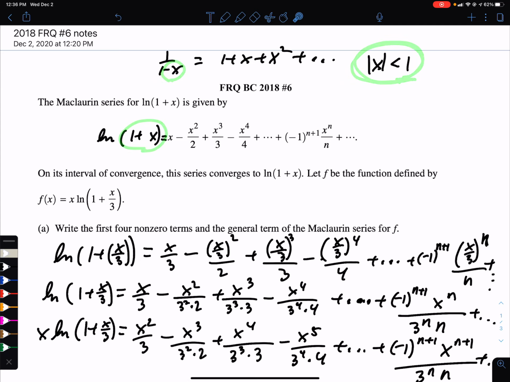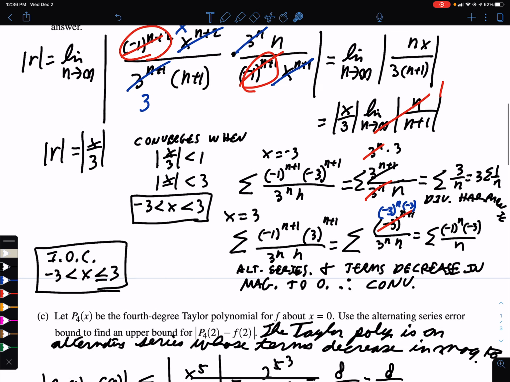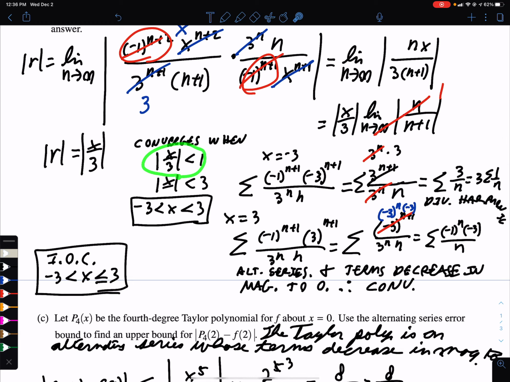And then when you replace x with x over 3, you can put an x over 3 here, and that will be the radius of convergence. And multiplying by x doesn't change anything, so you could actually have gone directly to this, explaining how you get that. Okay, that's the radius of convergence for that function. Then you wouldn't have had to do all that ratio test. But I just want to point that out also.